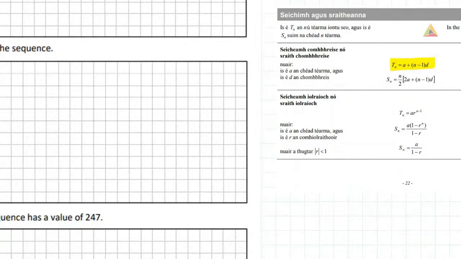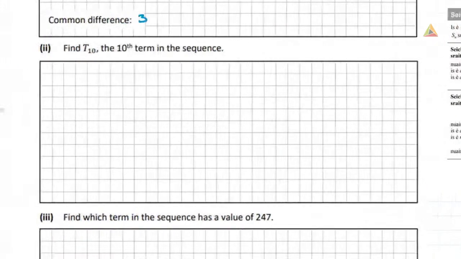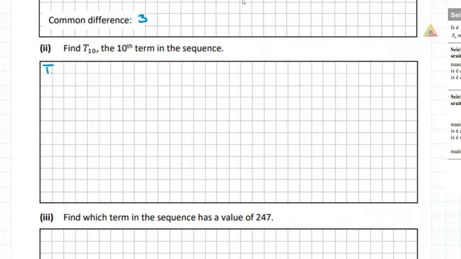So Tn is A plus n minus 1 times D on page 22 of our tables. And we always start by writing out any formula that we're using from our tables. So I'm going to write out that formula. So we're going to say Tn is equal to A plus n minus 1 D.